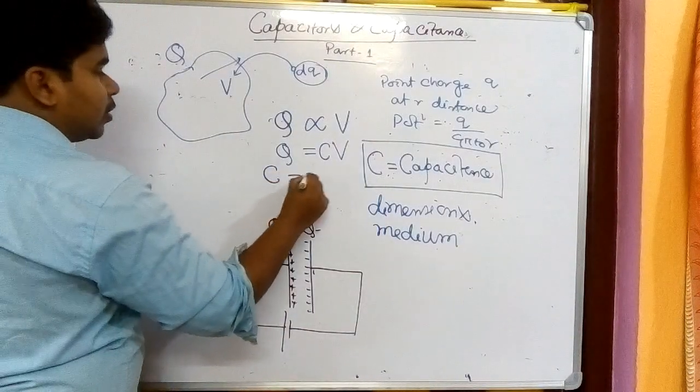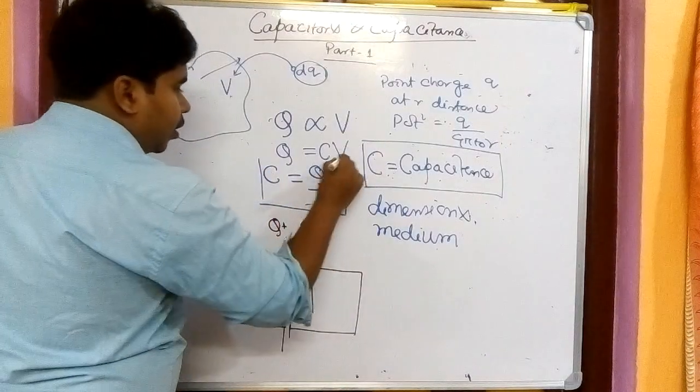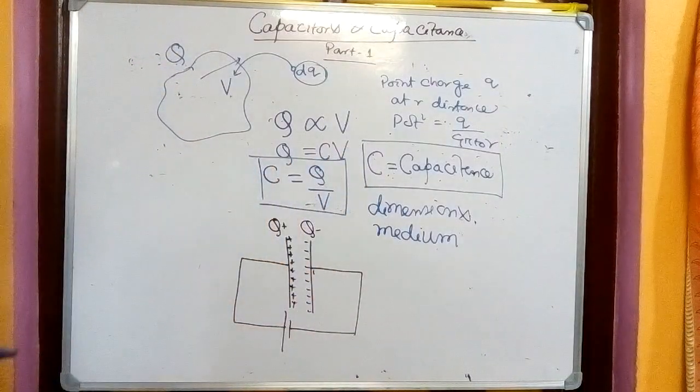C equals Q by V. Now you may ask, sir, if I get the charge and the potential, by dividing them we can get the capacitance. It is very easy. Then why are we talking about dimensions and medium?